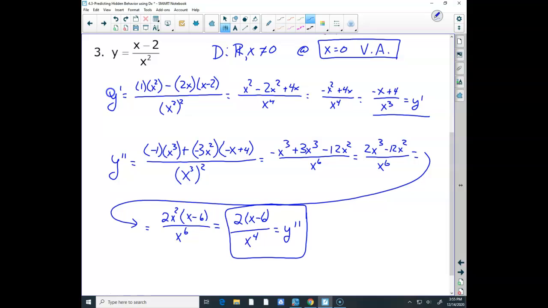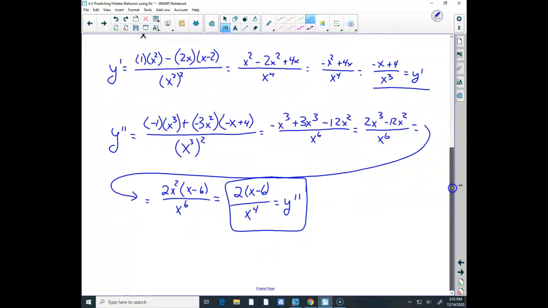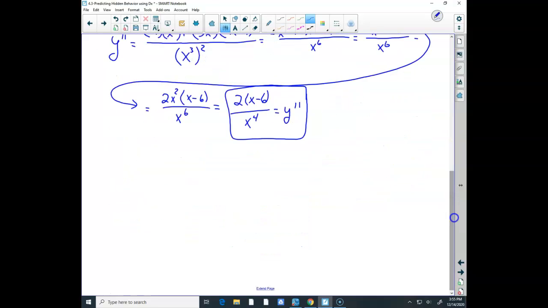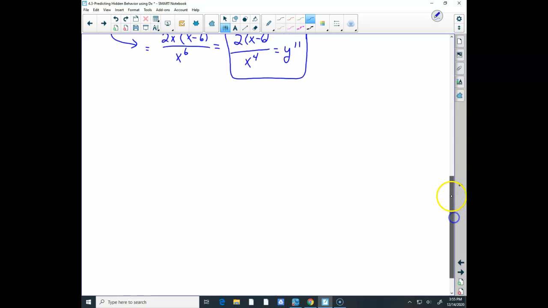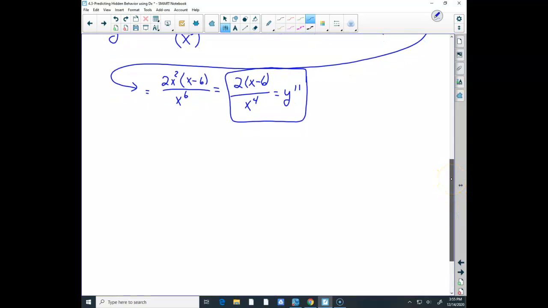Okay? Now that I have the second derivative, I got to look for those second derivative critical points so I can find concavity. So when does y double prime actually equal 0? Well, because it's a fraction, it's only a factor in the numerator that can equal 0. So wouldn't that be when x minus 6 equals 0? So I should have a second derivative critical value at 6.